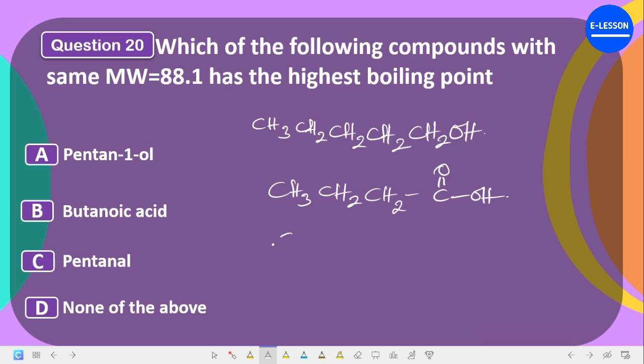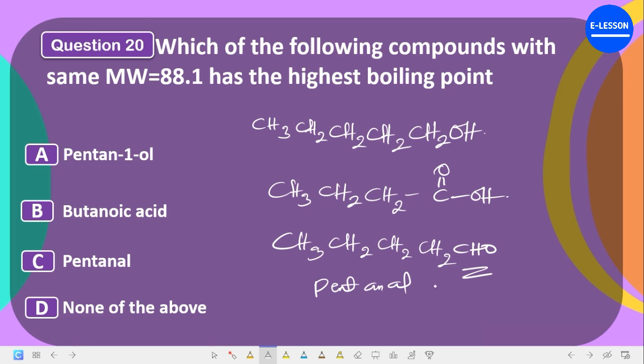This is butanoic acid. Then we have CH3CH2CH2CH2CHO. This is pentanal.